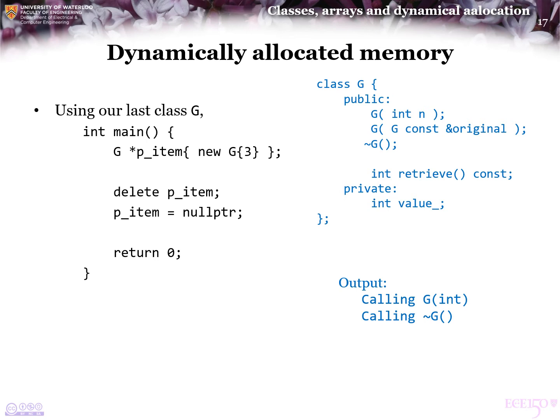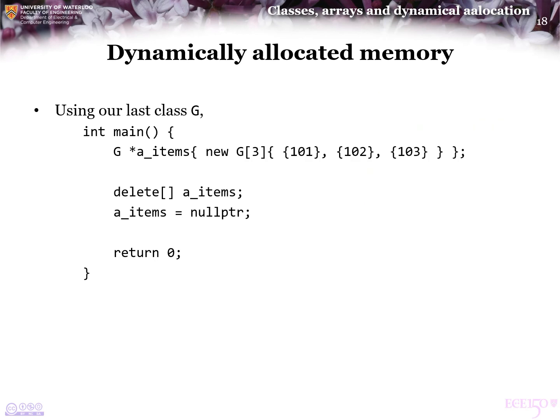And just to be safe, we set p_item to be null pointer. At this point, the main function returns. There is no subsequent call to the destructor because p_item is just a local variable that stores an address. So it will go out of scope and that will be it.